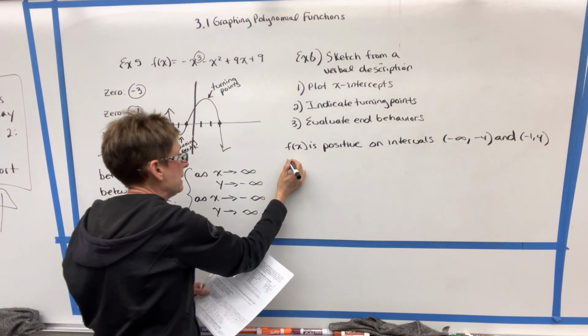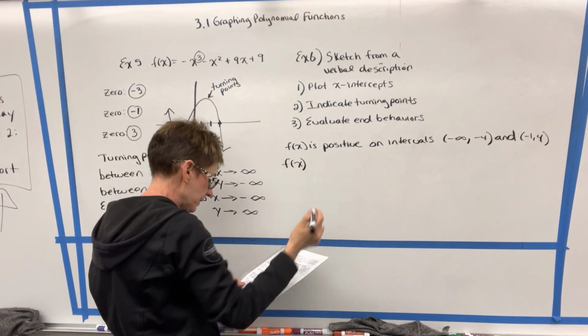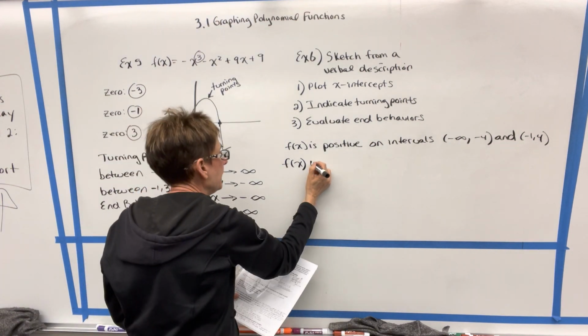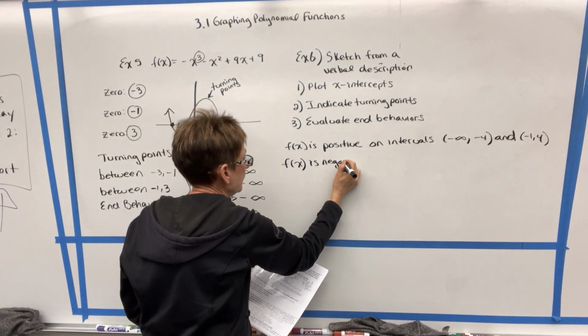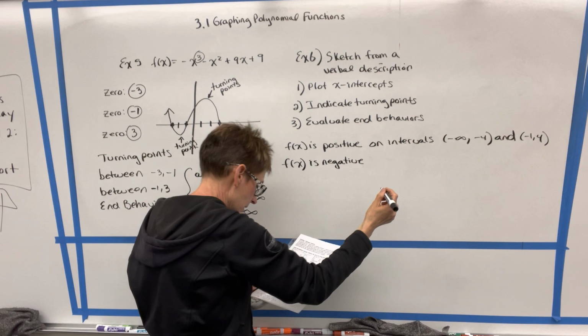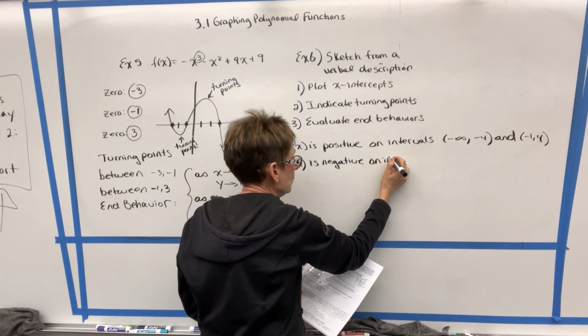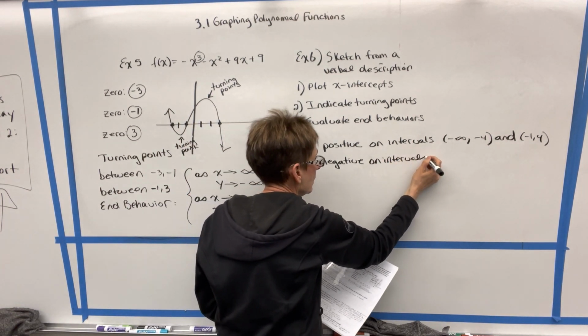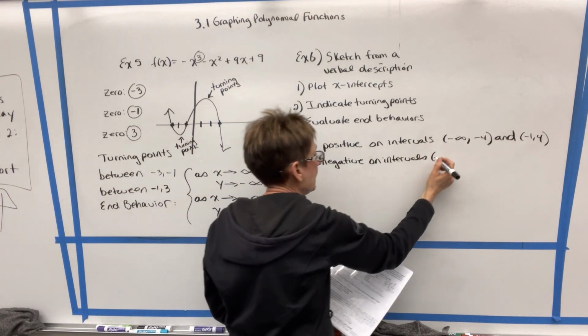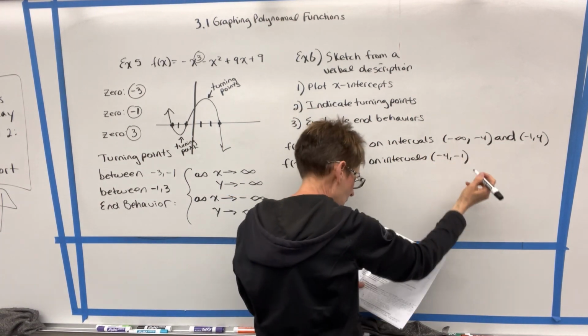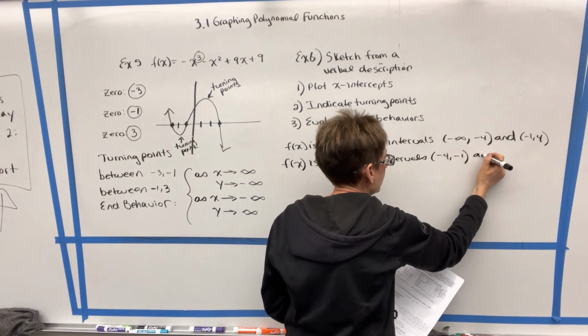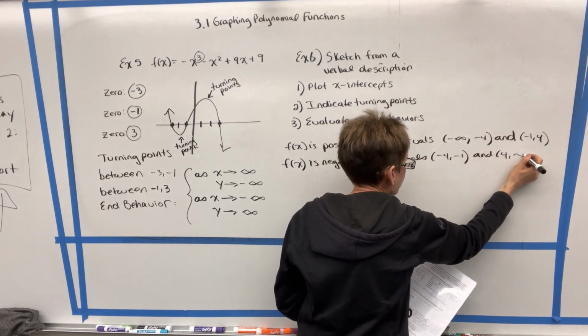And we're also going to make a note here, this is all information that's given to you, that f of x is negative on the intervals from -4 to -1 and from 4 to infinity.